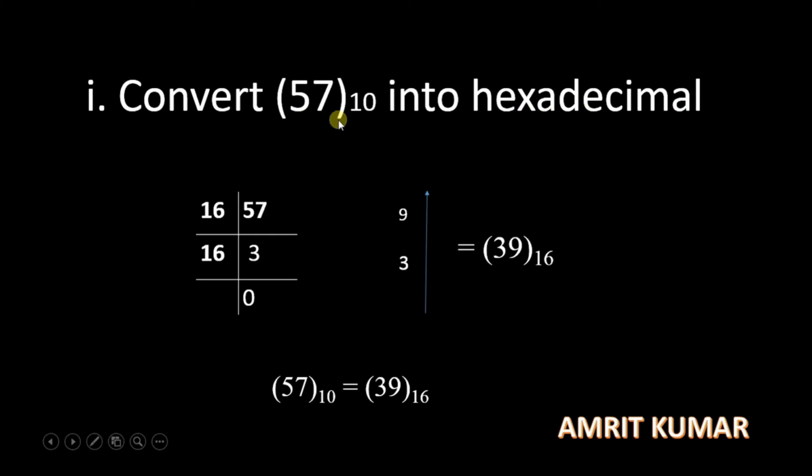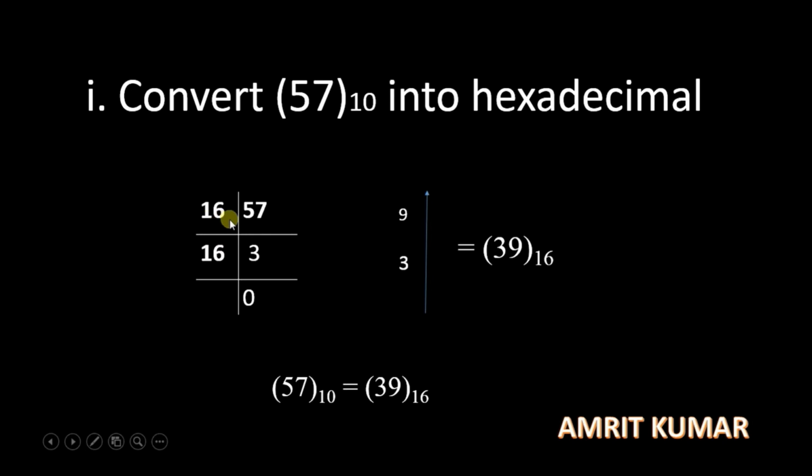Therefore, we can conclude how to convert it, and it is so simple. We know that the base of a decimal number is 10, and the base of a hexadecimal number is 16. Therefore, we need to divide the decimal number by the base of a hexadecimal number, that is 16.